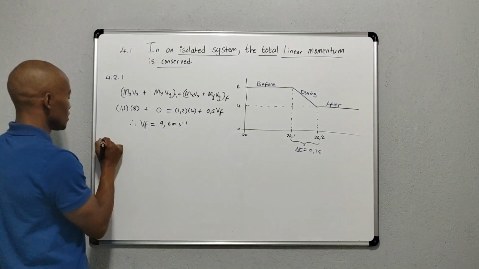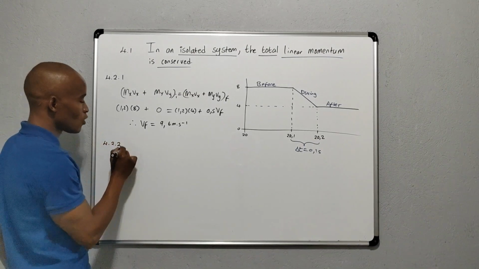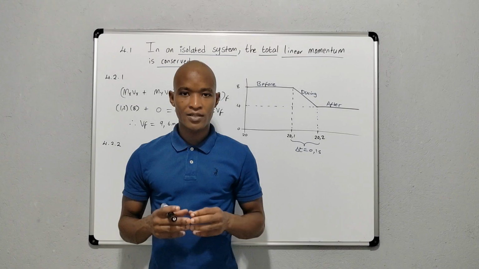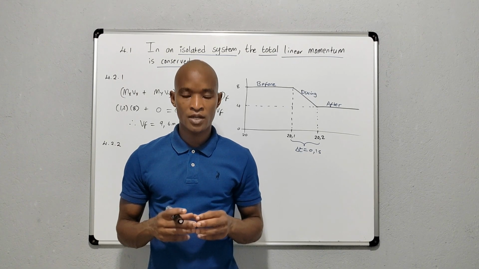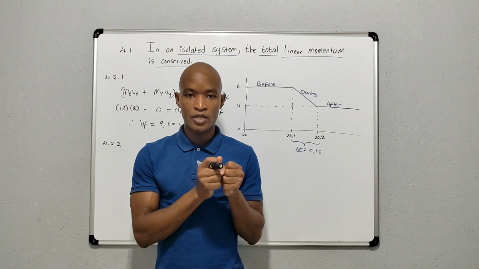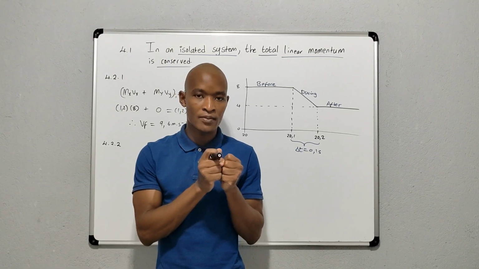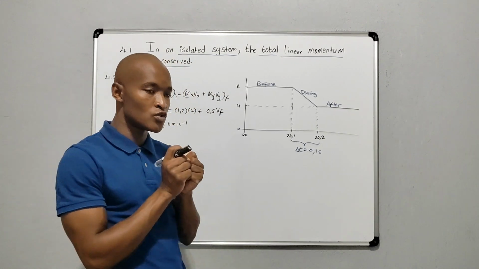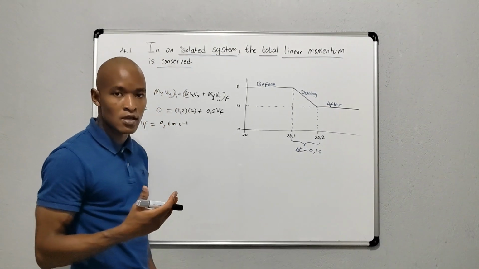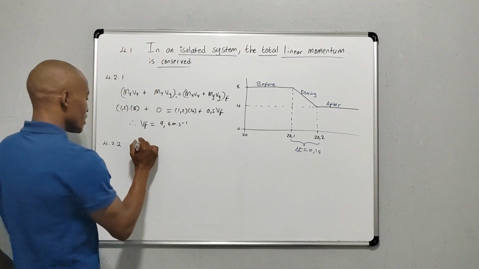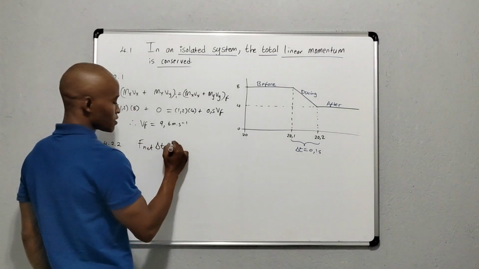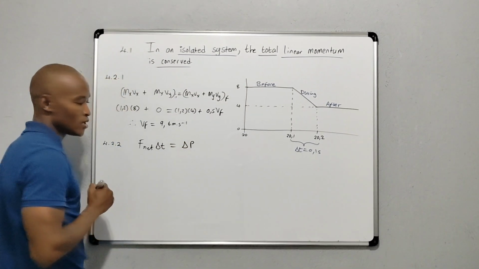Good. Now let us go to 4.2.2. Here we are asked to calculate the average net force that trolley X exerts on trolley Y during collision. We need to know the contact time, for how long the two trolleys were in contact, and that is 0.1 seconds. That reminds us of impulse, where the net force times the contact time gives us the change in momentum.